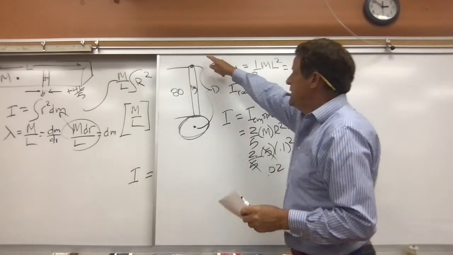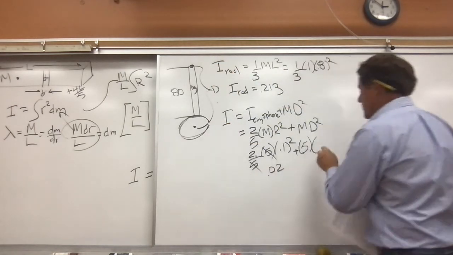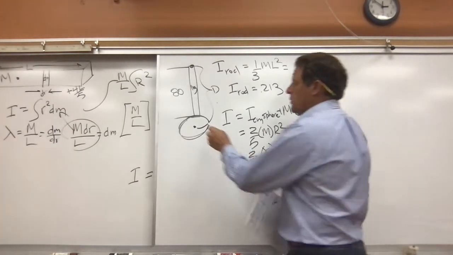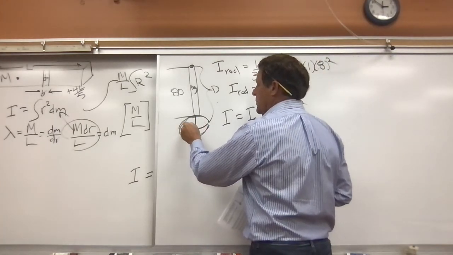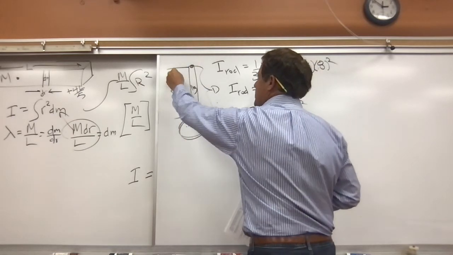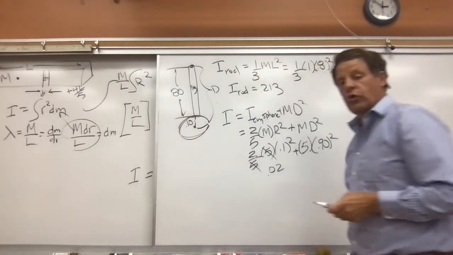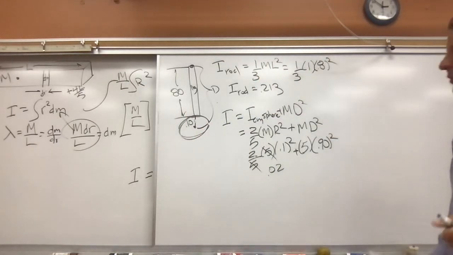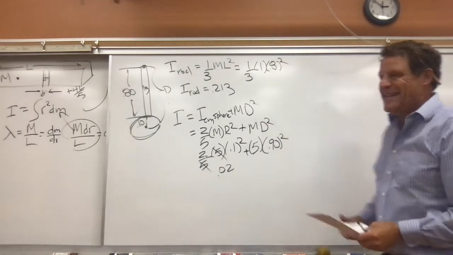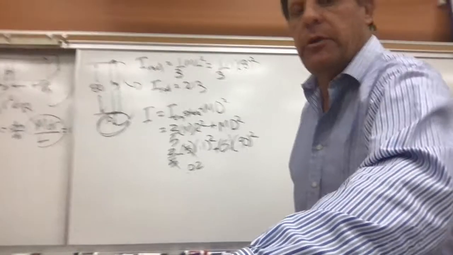Plus we're going to have 5 times the distance, which is going to be 0.9 squared. Because remember, this radius right here was 0.1 plus our 80 centimeters gives us a total of 0.9 meters, or 90 centimeters.